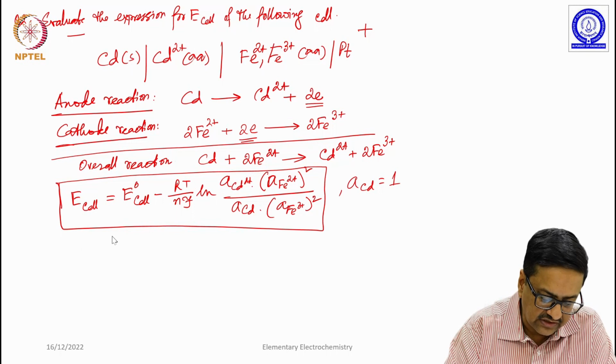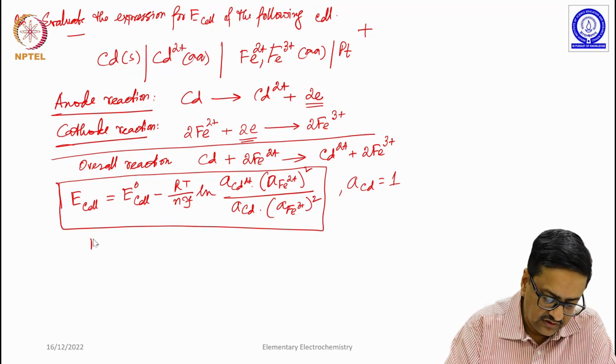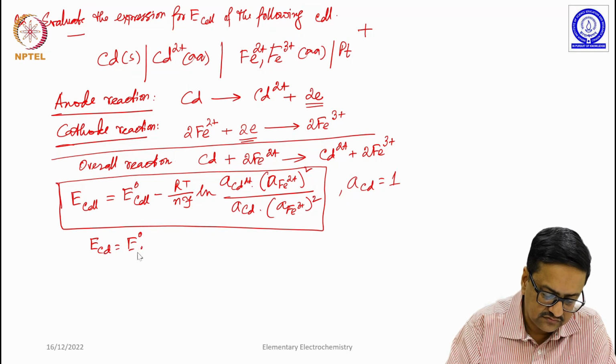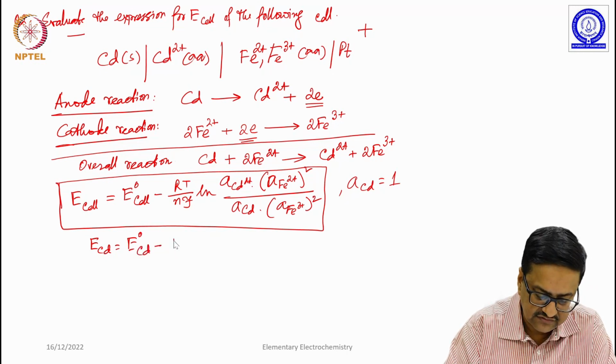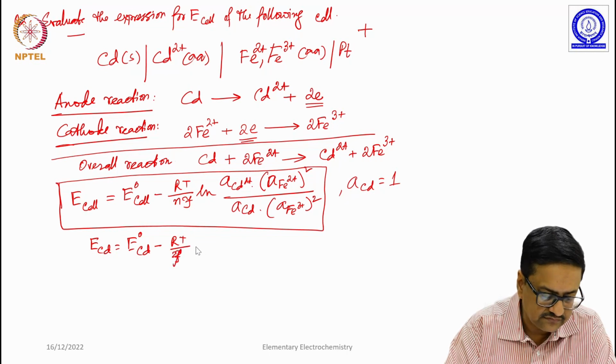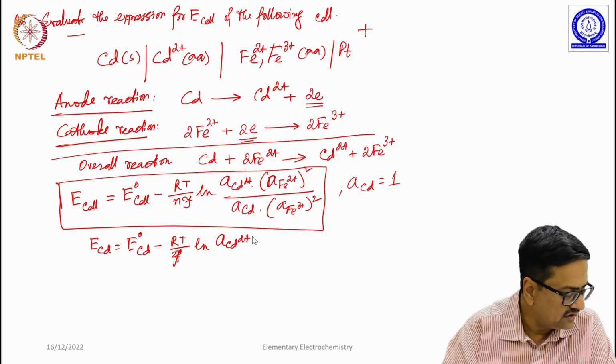On the other hand, one can write E Cd is equal to E0 Cd minus RT by 2F ln of the activity of Cd2 plus.